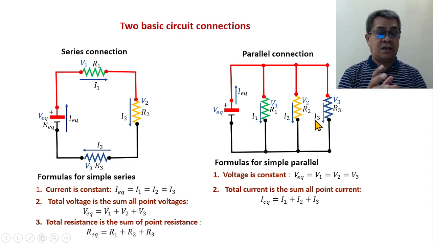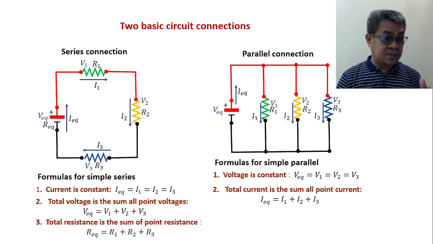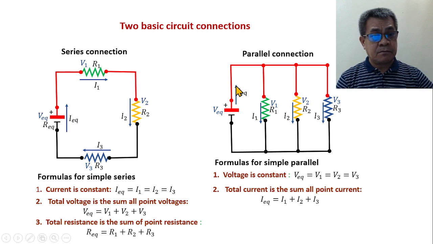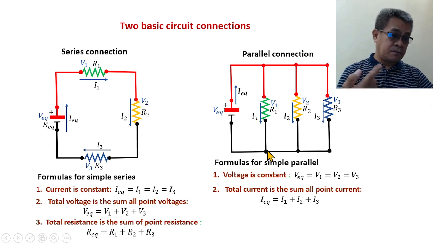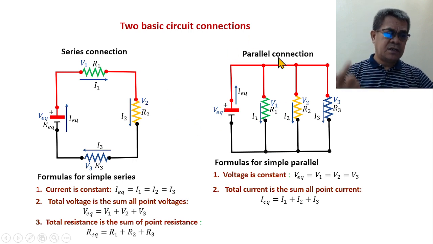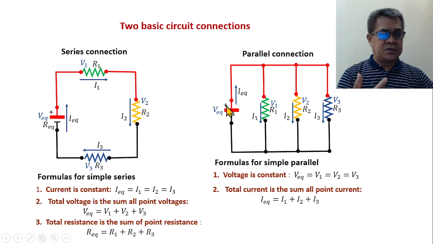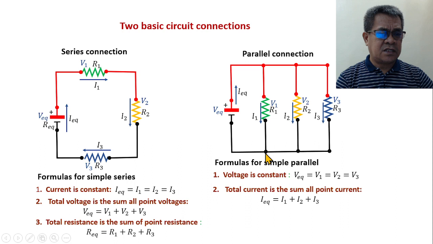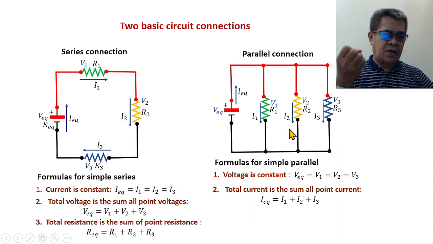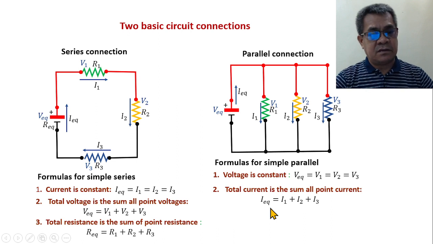Just like, again, the analogy is water. If you have 5 glasses from the source, then it will split at this point, then split again, then at this point, the 3 must be combined, because the circulation of electrons will continue. So meaning, at this point, I1 must be added to I2, must be added to I3, and that is equal to I equivalent.